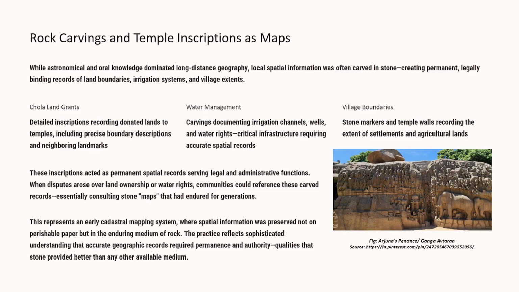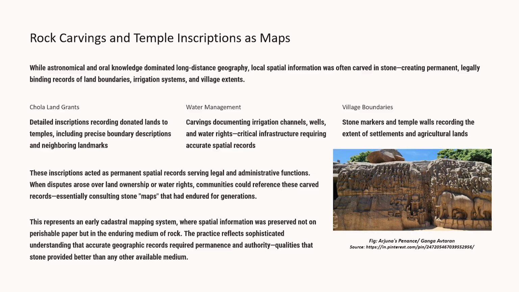Initially, long back, 10,000 years or 5,000 years ago, maps were drawn on rocks. They used different colors, mostly red and green.